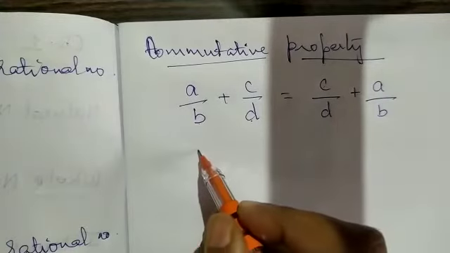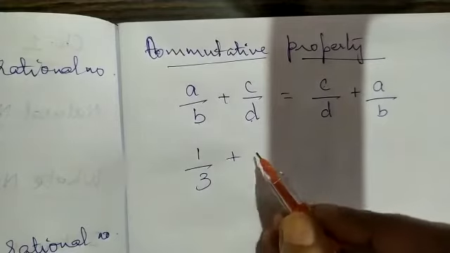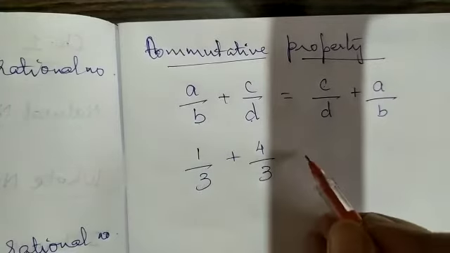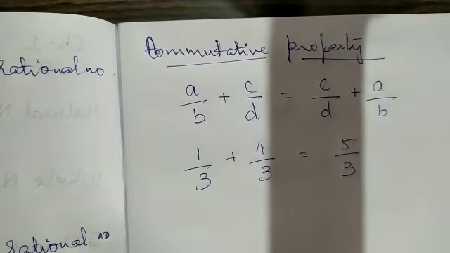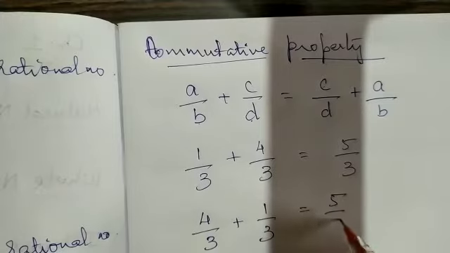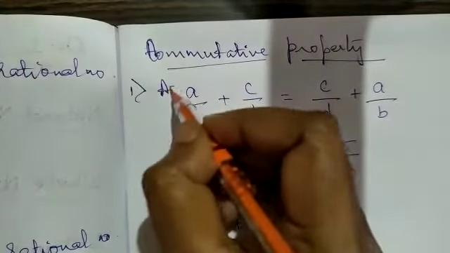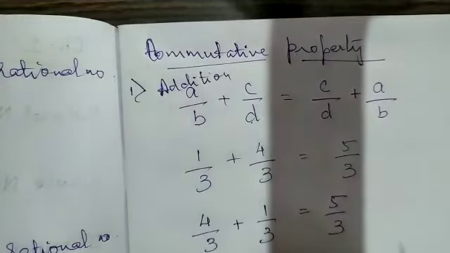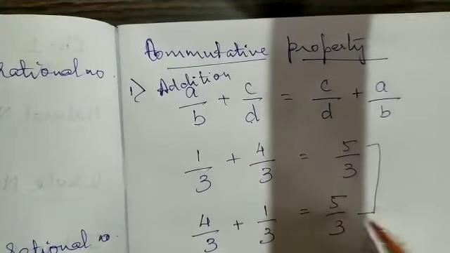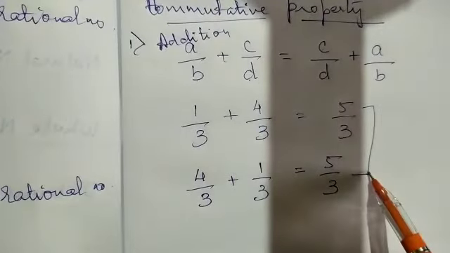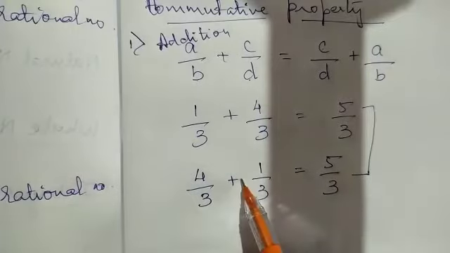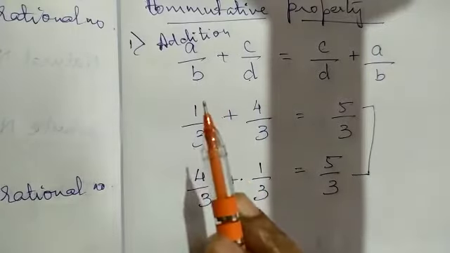For example, if I take 1 by 3 plus 4 by 3, I will get 5 by 3. Now I will change the order. I take 4 by 3 first: 4 by 3 plus 1 by 3 is equal to 5 by 3. This is for addition. So both answers are the same, and even if we change the order, the answer remains the same.